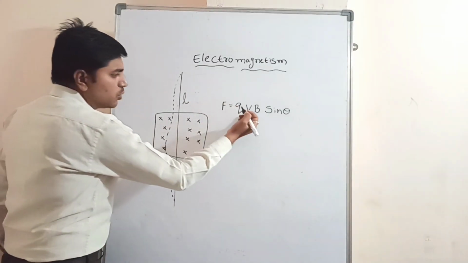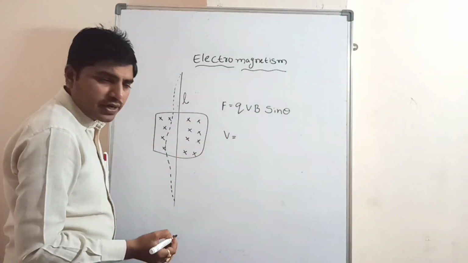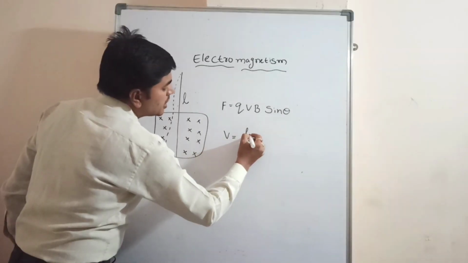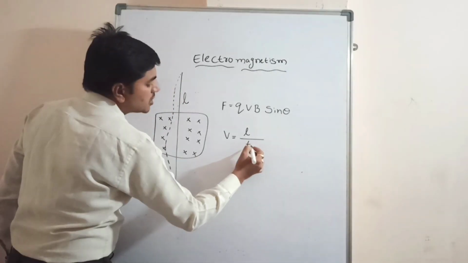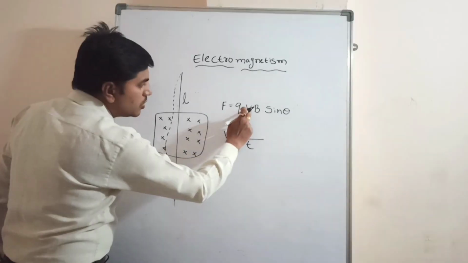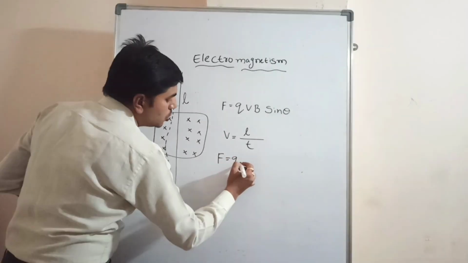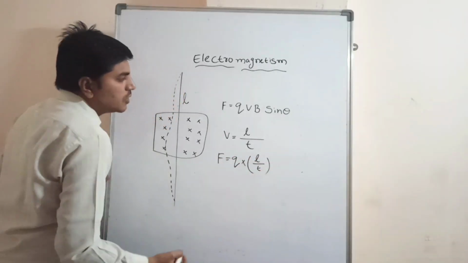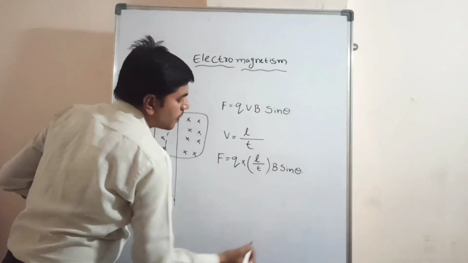Velocity is displacement by time, so V is equal to L by T. Instead of V, I substitute L by T. F is equal to Q into L by T, then into B sin theta.